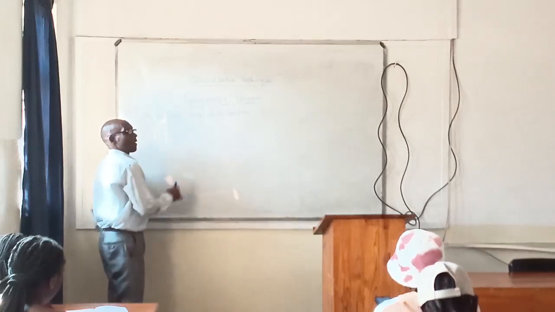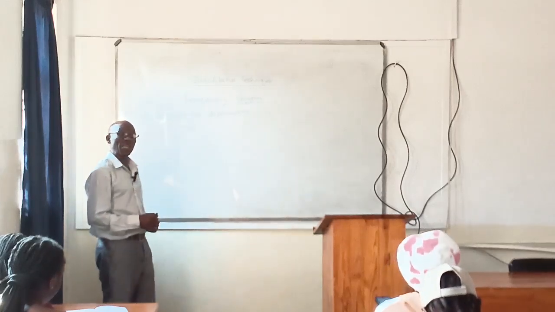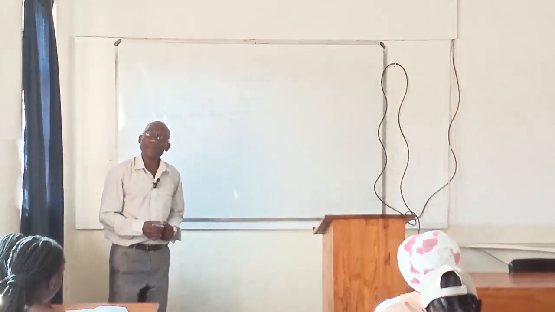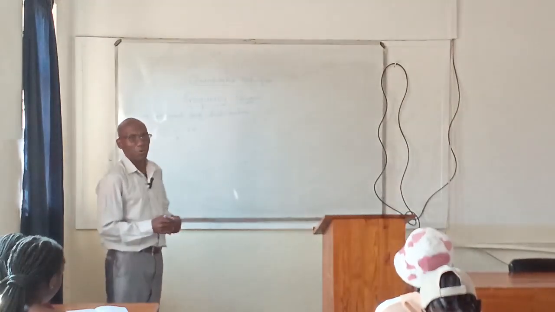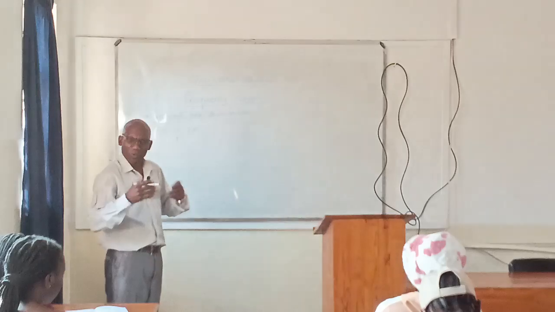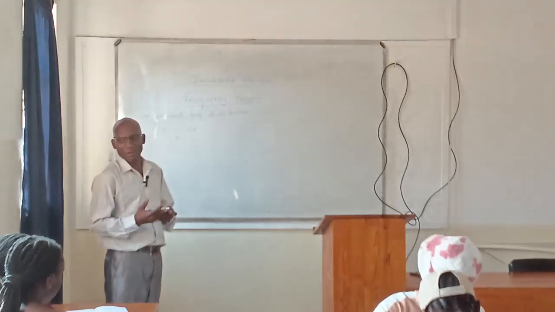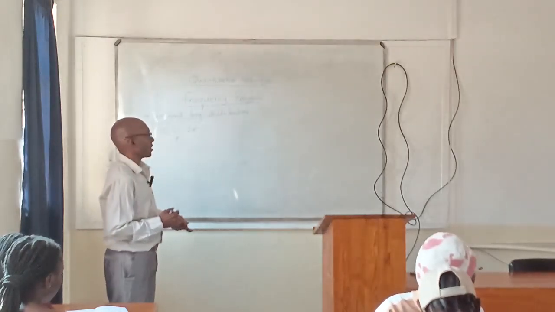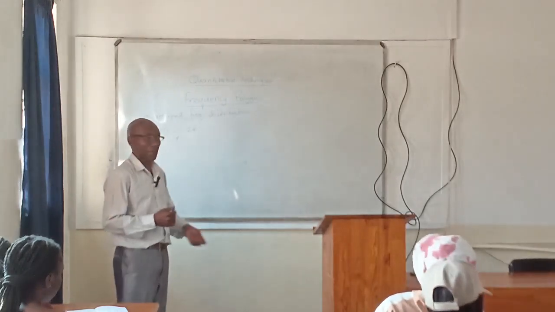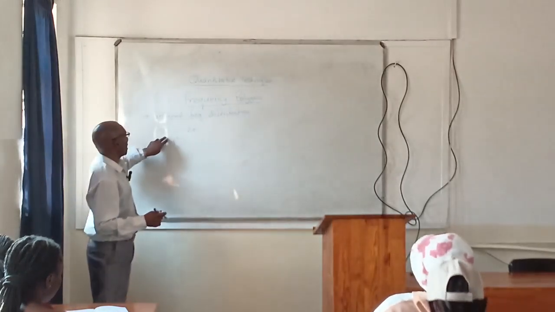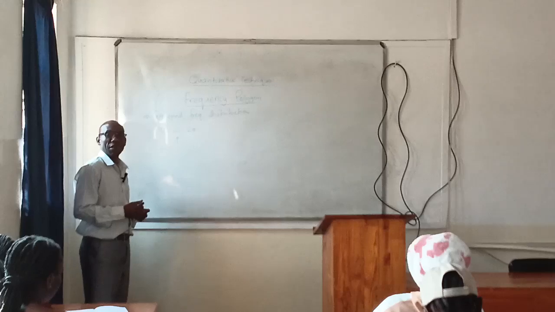Now, what do you think? How can we come up with this mid-interval value? What's your suggestion? Having known that it's between 10 and 20, what would be the mid-interval value?